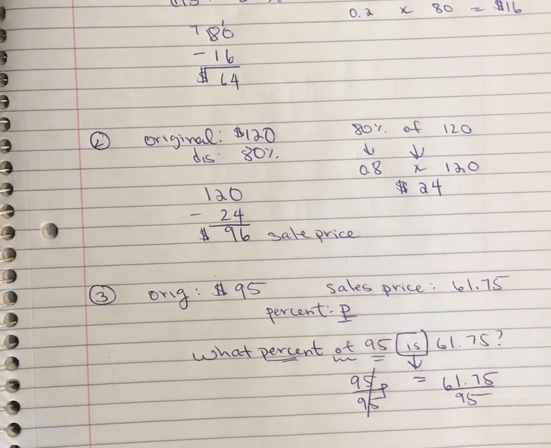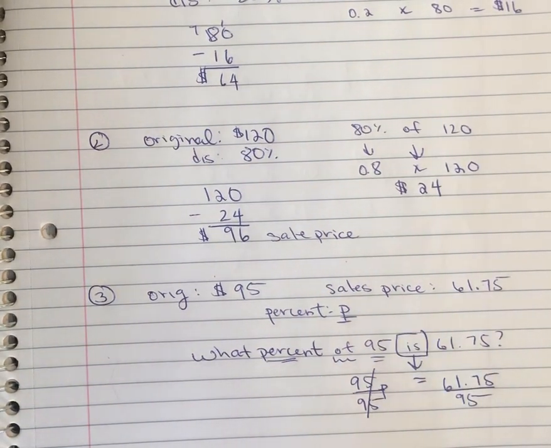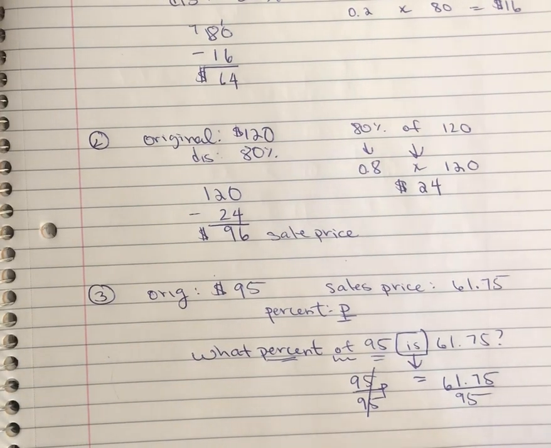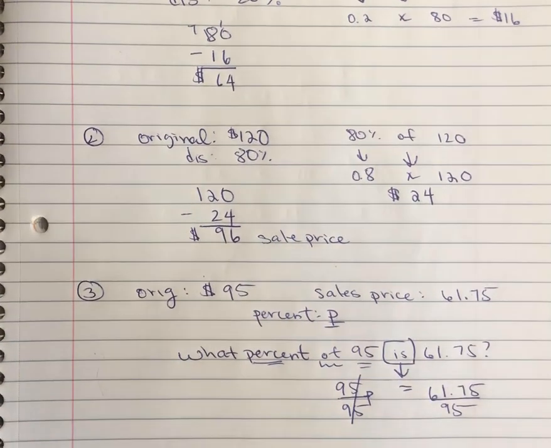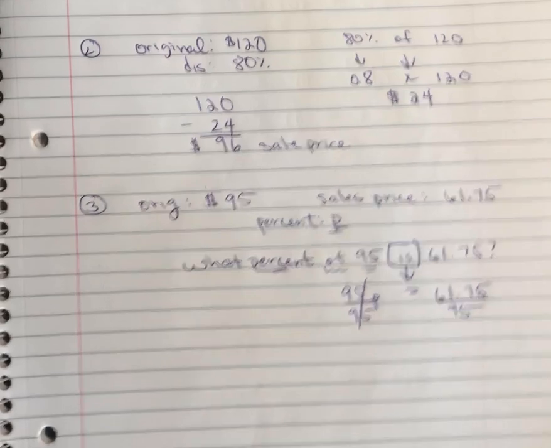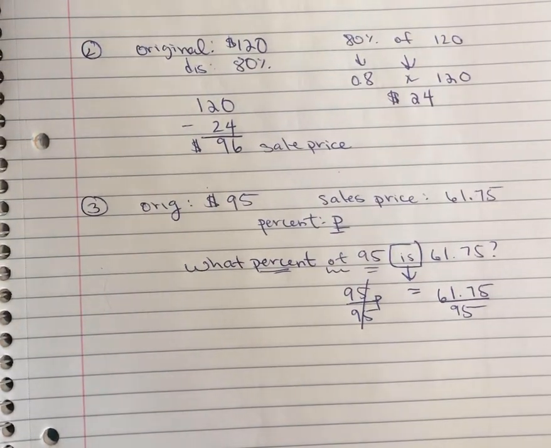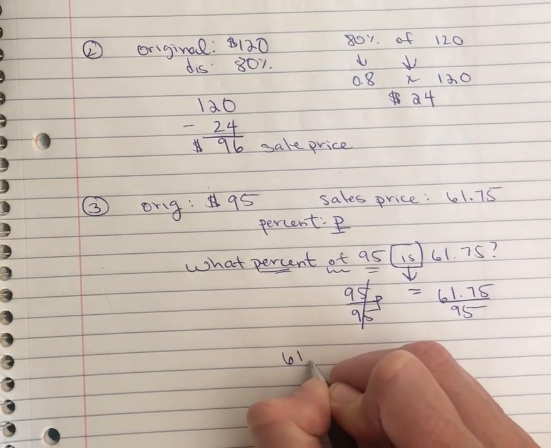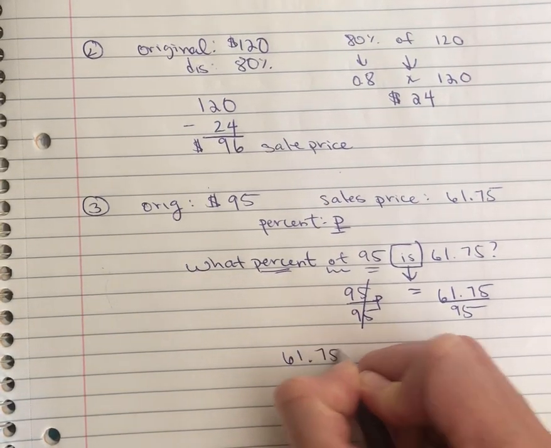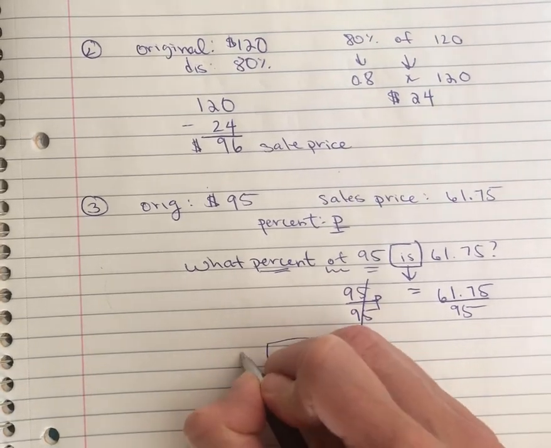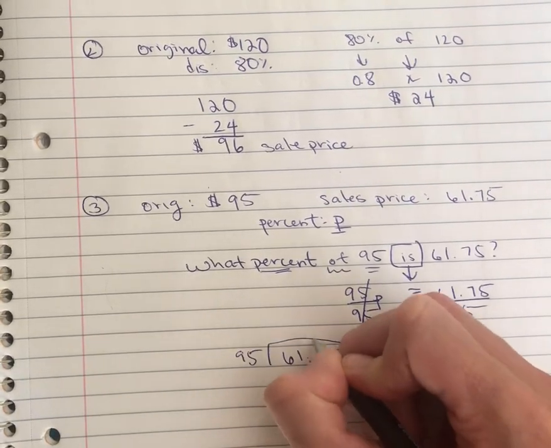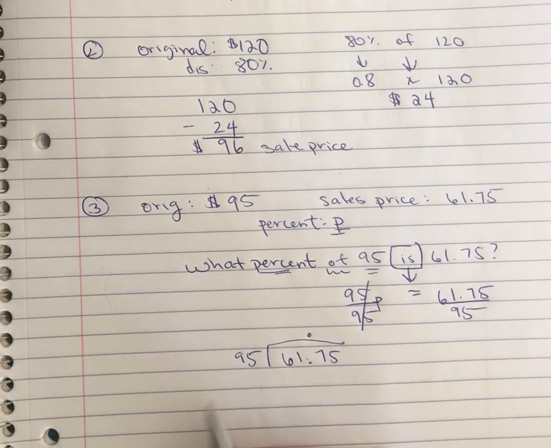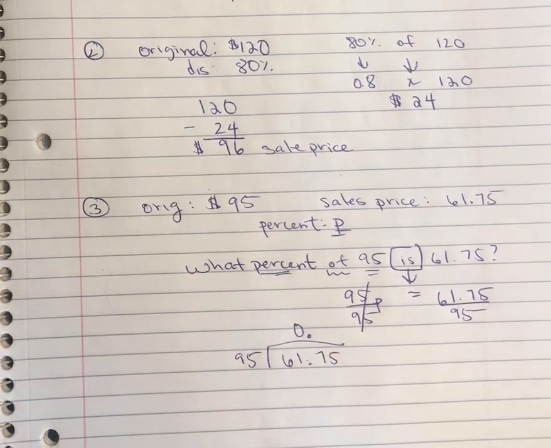Okay, again, I encouraged you, if you wanted to, you can use a calculator to work out this division. If you don't have a calculator handy, you can find one on the web if you need to, or you can simply work out the division by hand. If we were to work it out by hand, 61.75 divided by 95, we would hop up our decimal point. 95 doesn't go into 61.